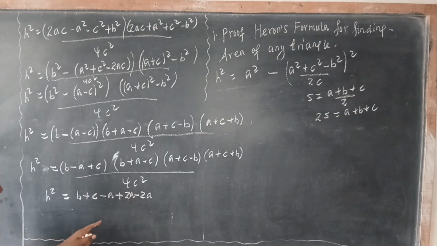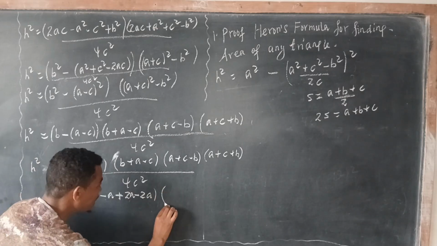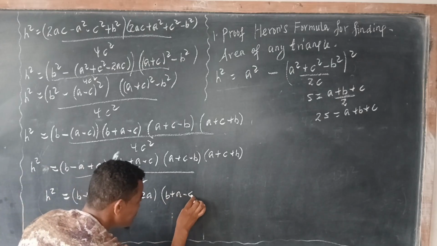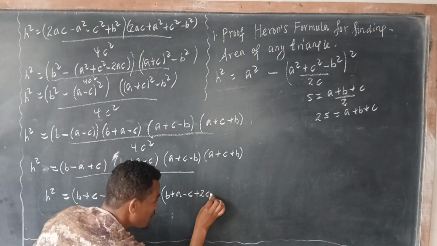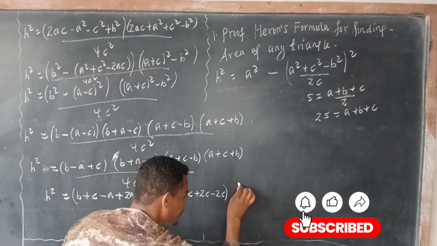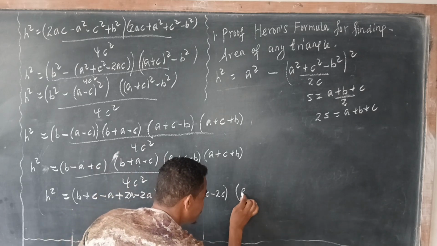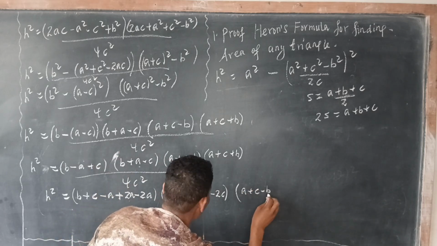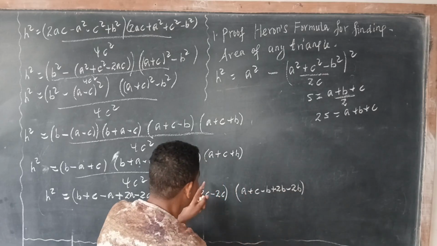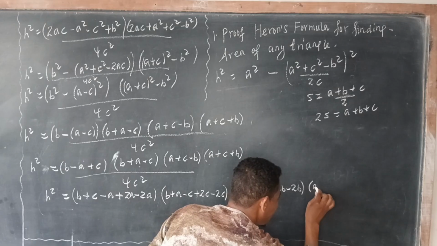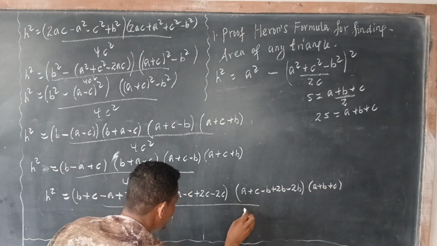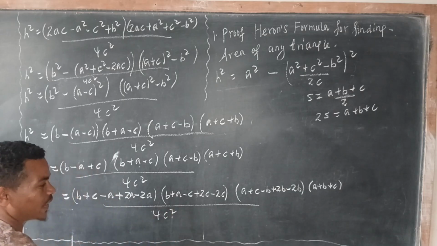We add 0 so it doesn't make a difference. That is one. The second is b plus a minus c plus 2c minus 2c, I made it 0, it doesn't have a difference. Again the final one is a plus c minus b plus 2b minus 2b, and this one as it is is a plus b plus c, divided by 4c square.